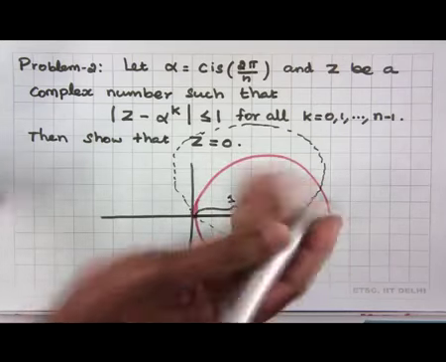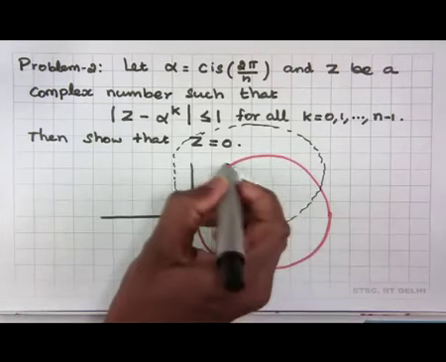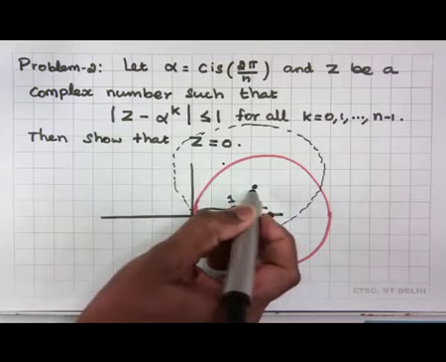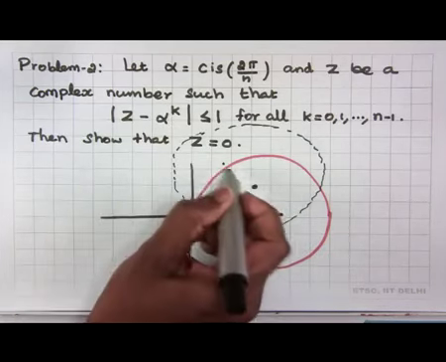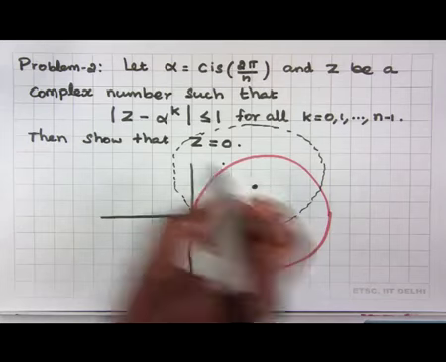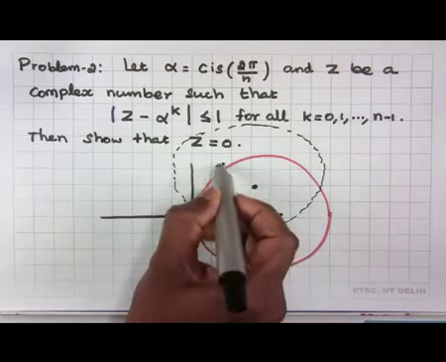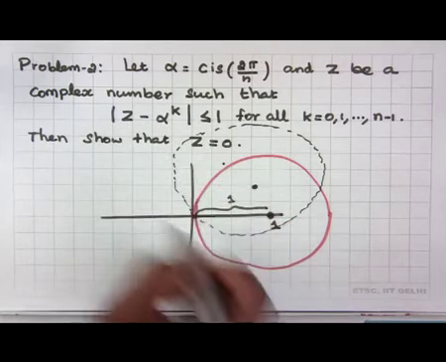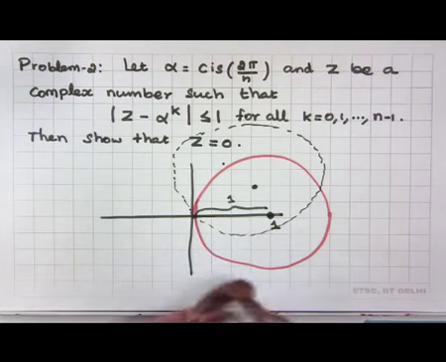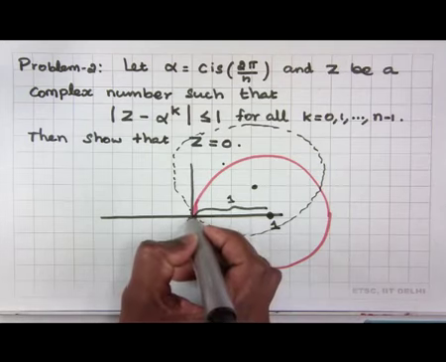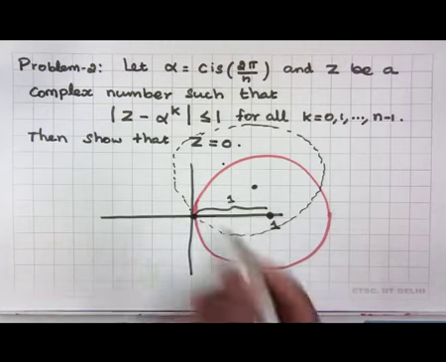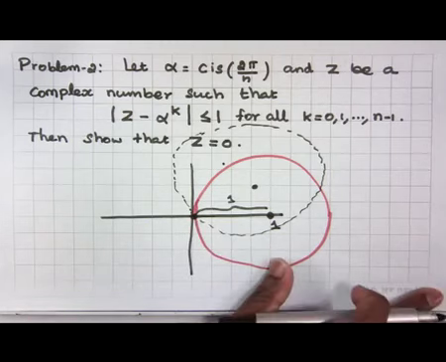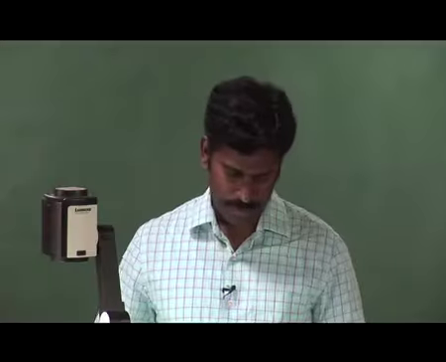So, similarly you see that with each nth root of unity, the distance to that nth root of unity is always less than or equal to 1. If such a complex number is there, then we are going to show that it is nothing but the origin. Let us try to prove this result.